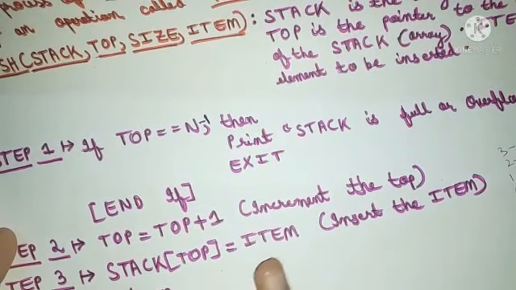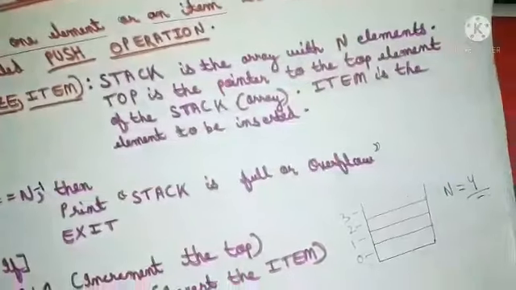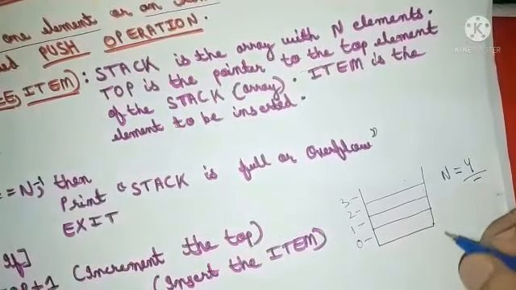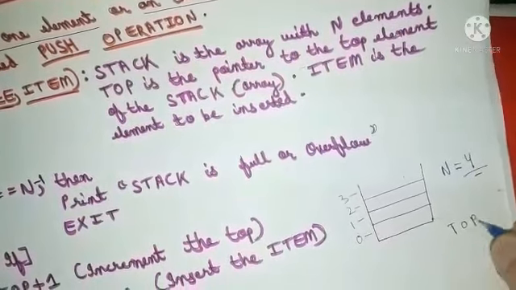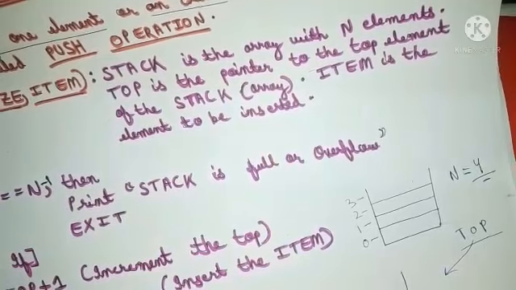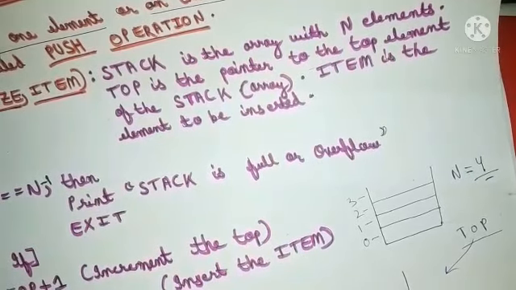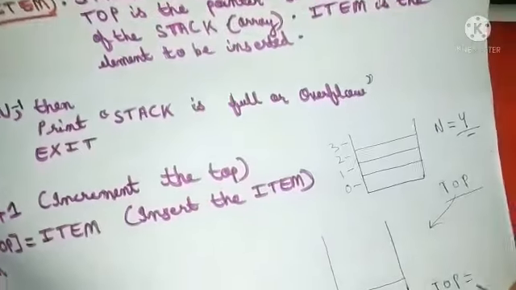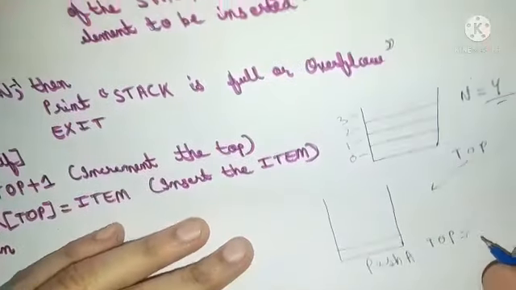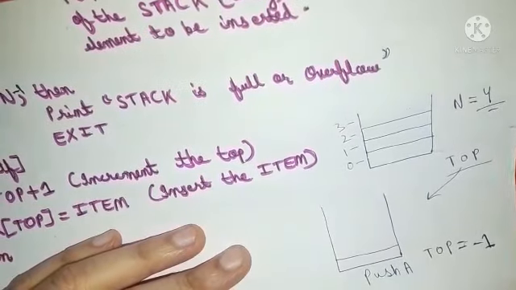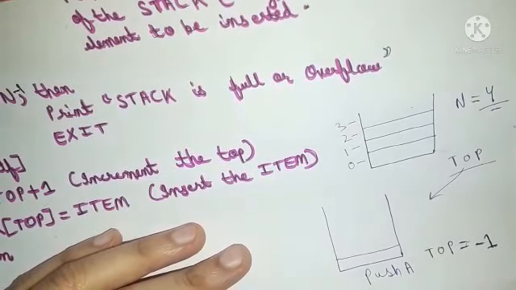That is, top is equal to top plus 1. Suppose this is my stack and I have kept a top pointer here. It will be better understood with this stack. First of all I am doing push A. In the starting, in initialization, my top pointer was equal to minus 1.